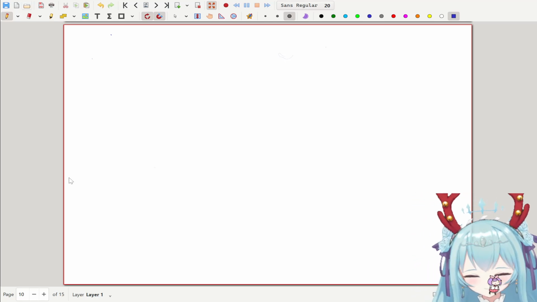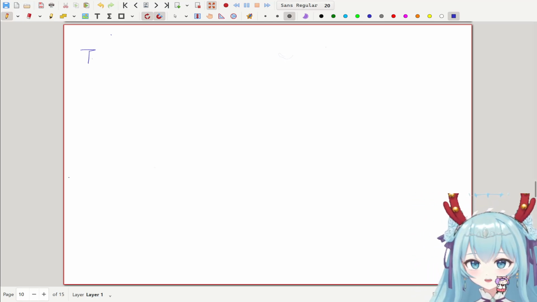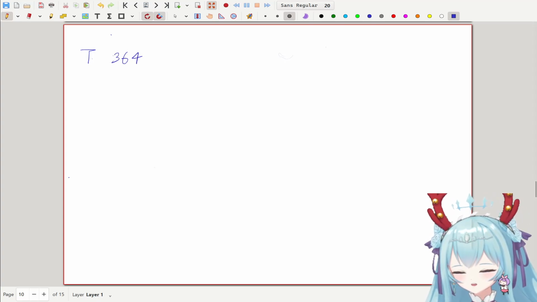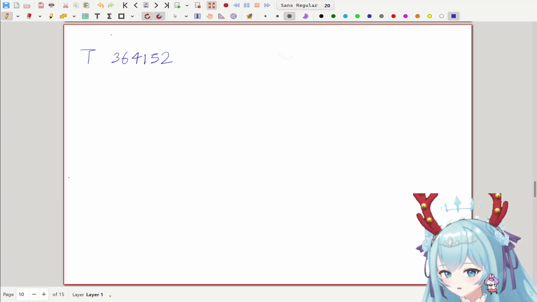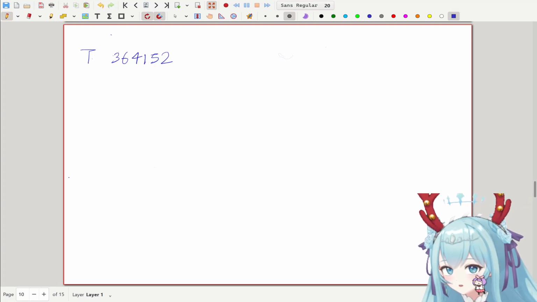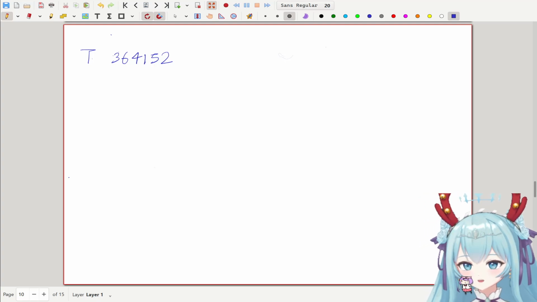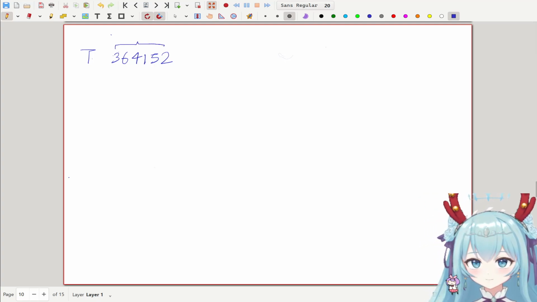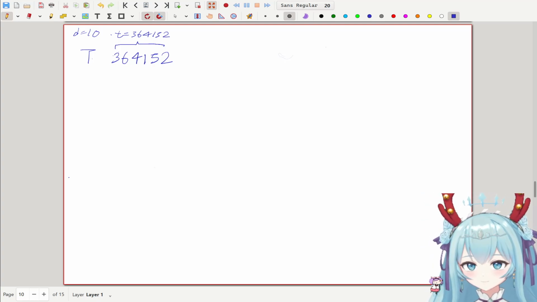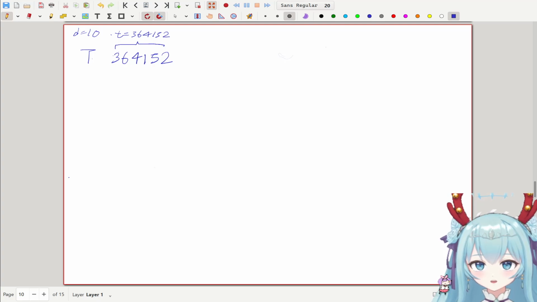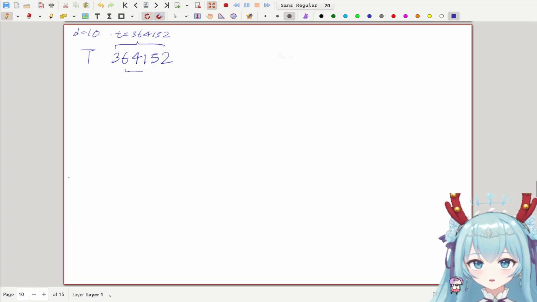Okay, so for example, let's say our t is this number over here. I'll just avoid drawing the cells because that will take a lot of time. And let's say we calculated the first t value to be 364152. We're just assuming in this case it's base 10. And let's say we want to calculate the t value of the next window.